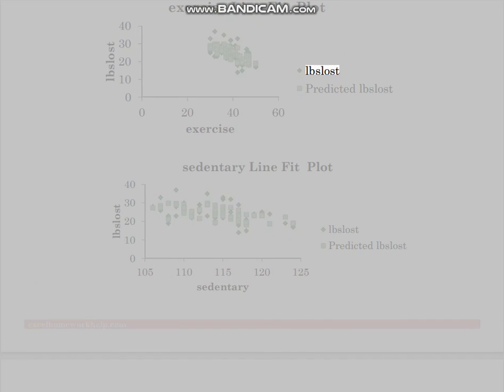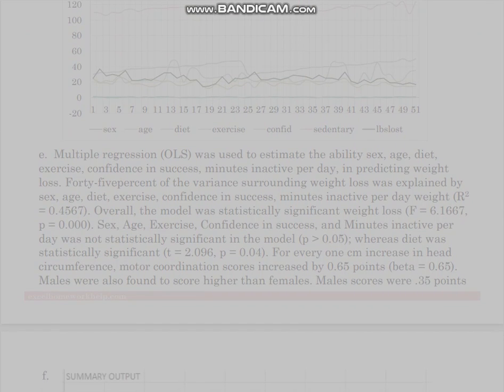Exercise line fit plot, lbs lost and predicted lbs lost. Sedentary line fit plot, lbs lost and predicted lbs lost.